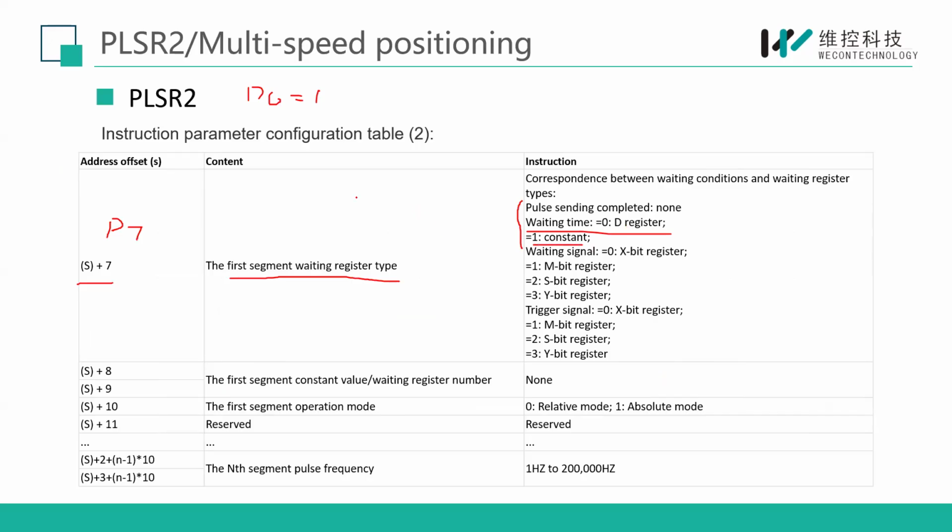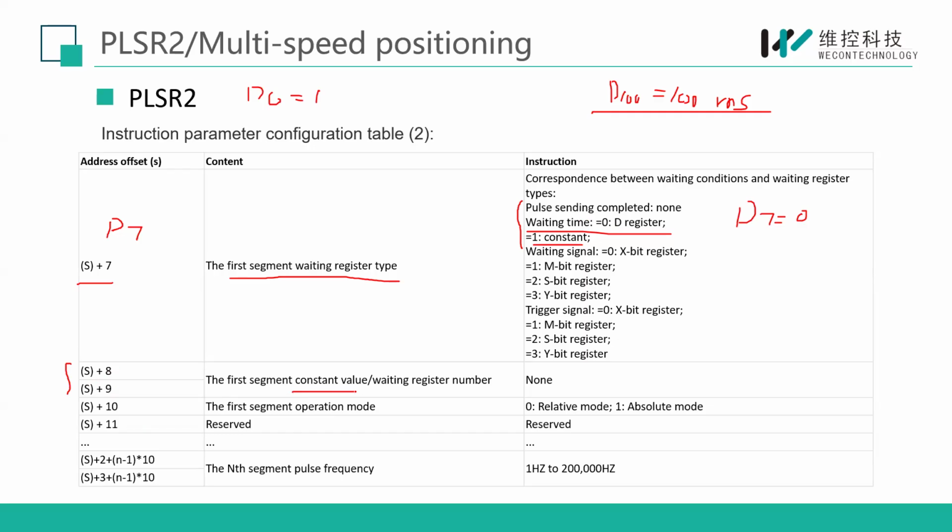For example, if I need to input D100, D100 is 100 milliseconds. So in this demo, I need to choose D7 to 0 because 0 means the D resistor, and we need to set D7, D8, and D9.